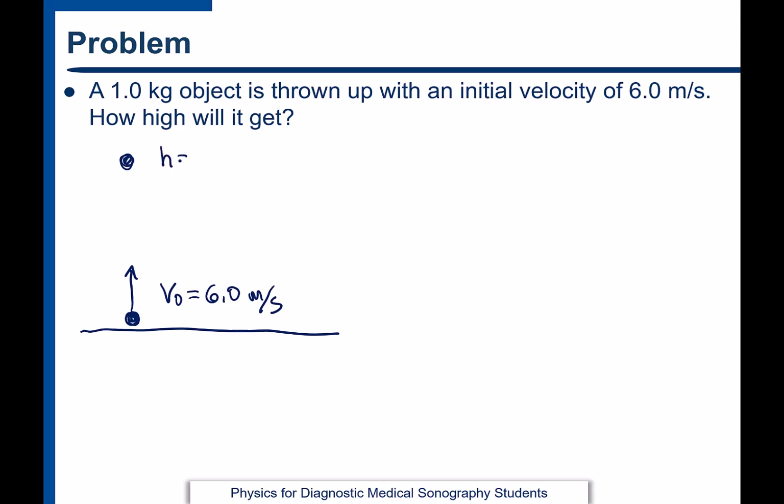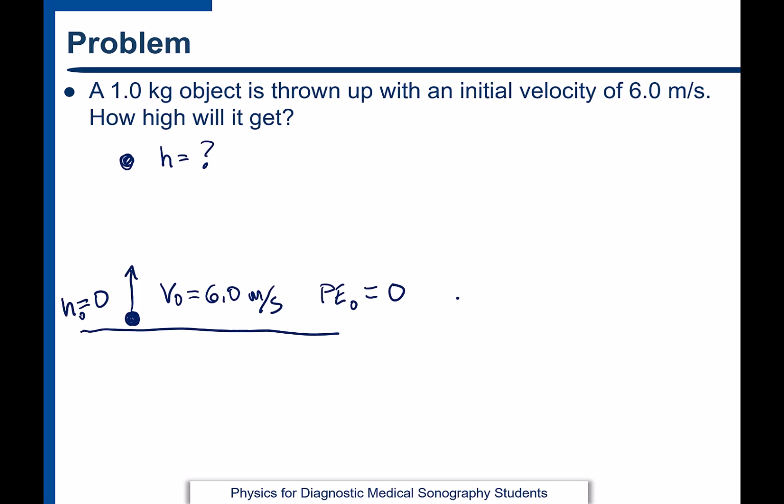So what is its final height going to be? Well, again, let's think about what we know. We know that when it's right at the bottom, the potential energy, so this is going to be our initial potential energy, is 0, because our initial height is 0. It's starting from the ground.